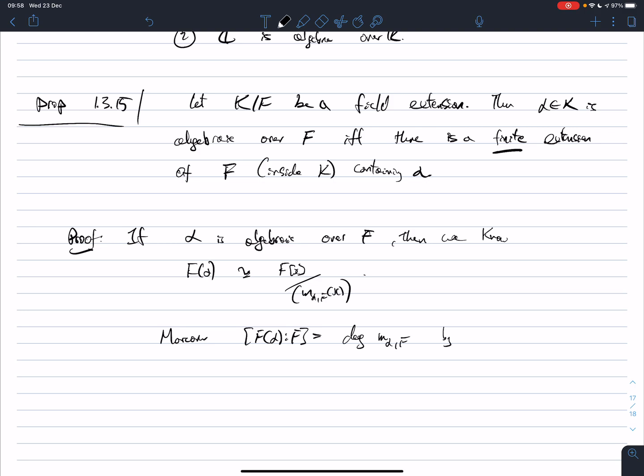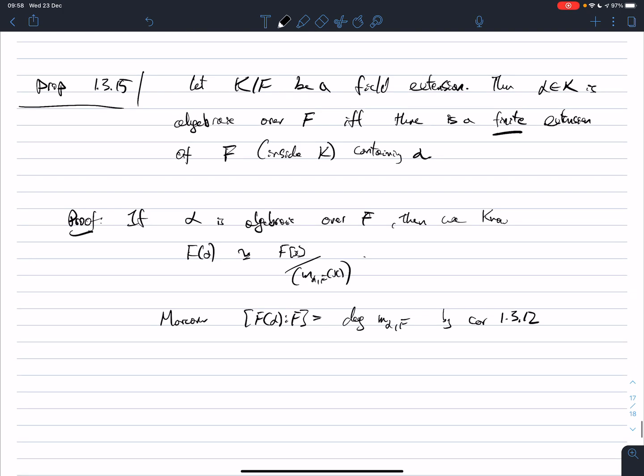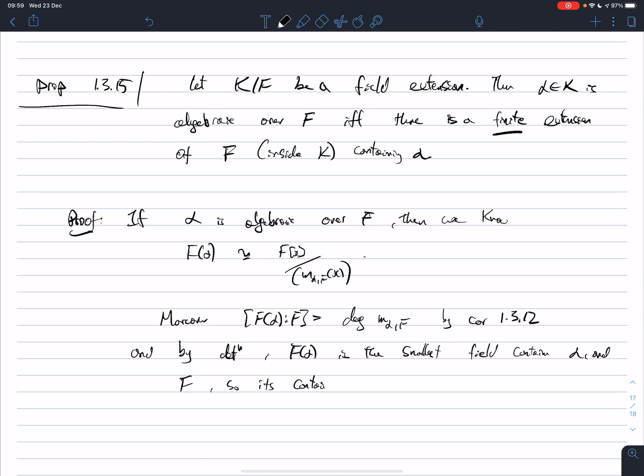So by Corollary 1.3.12, and by definition, F(alpha) is the smallest field containing alpha and F, so it has to be contained in K.